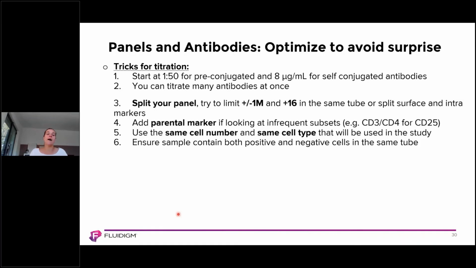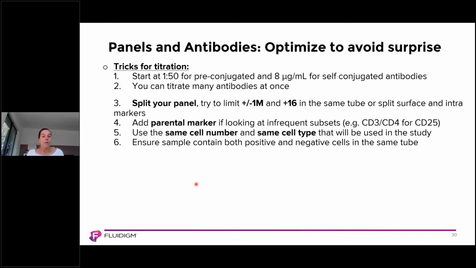Just keep in mind that it's better sometimes to split your panel in 2 or 3 tubes. It depends on the number of markers and the markers you will use. You can limit in this way the plus and minus 1 spillover and the plus 16 spillover.